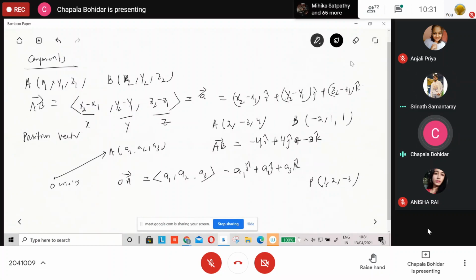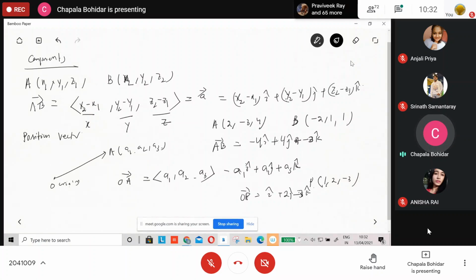It is your position vector, that is, you can say OP. That is your i cap plus 2 j cap minus 3 k cap. Isn't it? Okay.